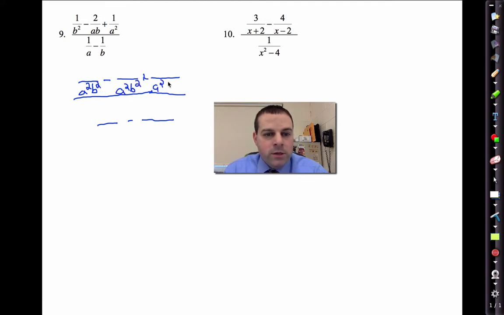Now some of these fractions are going to change a little easier than others, especially when we get into our denominator here. We have to be very careful that we match up the proper amount to pair up with our LCD. Our first fraction, a squared, missing factor, so we get a squared over a squared b squared. Our denominator is missing one of each, so 2ab, we multiply it in, becomes our second numerator.